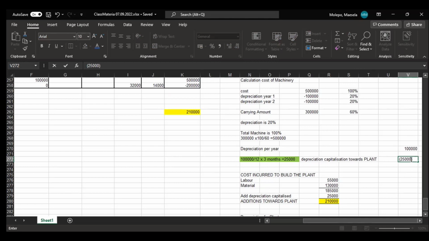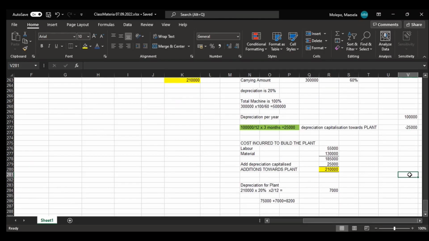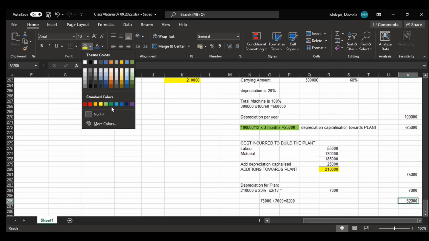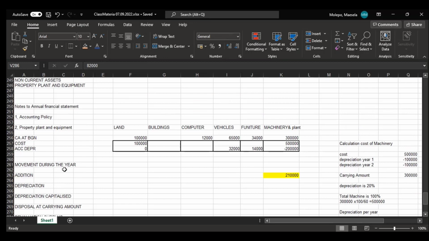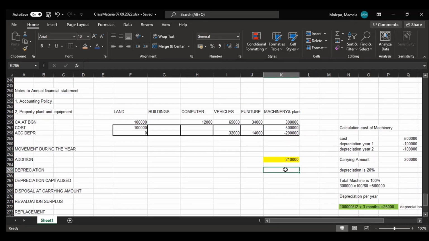Then we got 75. Then you add the 7,000, and then you get 82. We are all happy. So this 82,000, we can peacefully record here as our depreciation for the year in respect of the plant.